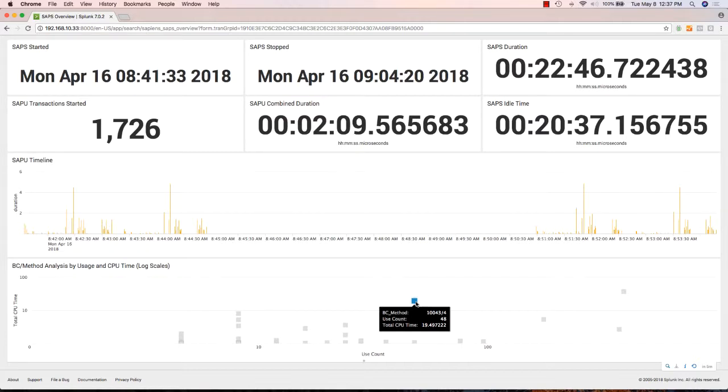What is this work? What is this transaction actually doing? Because in the standard SMF data that CICS would create for a transaction, it would not know that this happened to be a request for business component 10043 method number 4.